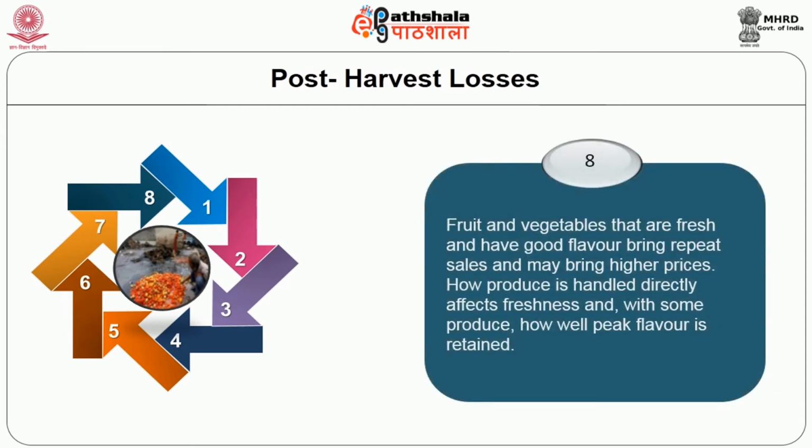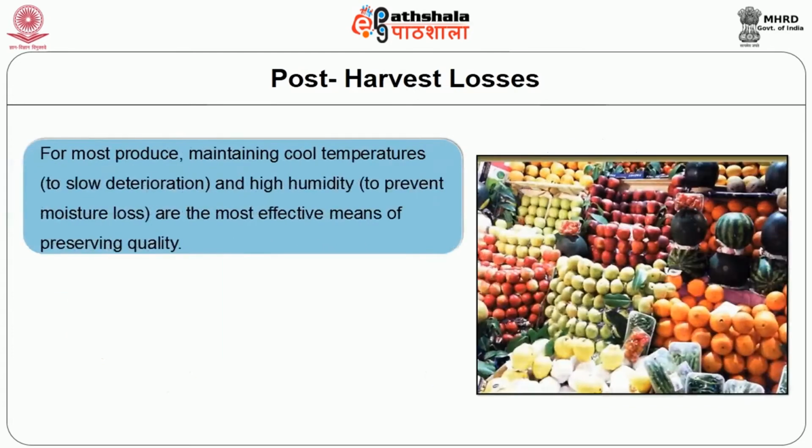Fruit and vegetables that are fresh and have good flavor bring repeated sales and may bring higher prices too. How produce is handled directly affects the freshness and, in some produce, how well peak flavor is retained. For most produce, maintaining cool temperature to slow down the deterioration and high humidity to prevent moisture losses are the most effective means of preserving quality.